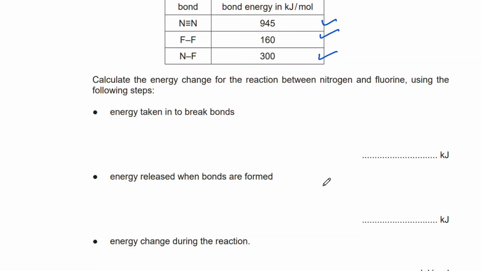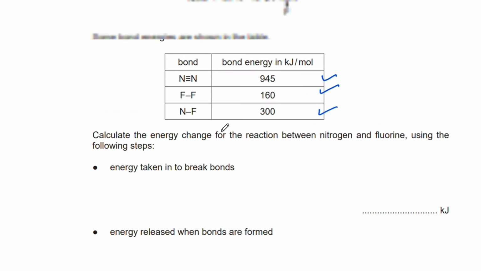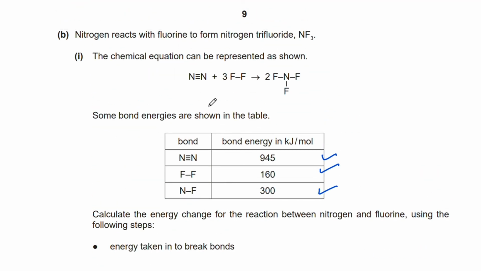Calculate the energy change for the reaction between nitrogen and fluorine using the following steps. Energy taken in to break bonds. So see, this is nitrogen, it is 1, so we write 1 into 945 from the table. And then you have 3 fluorine-fluorine, so that will be plus 3 into 160 from the table.